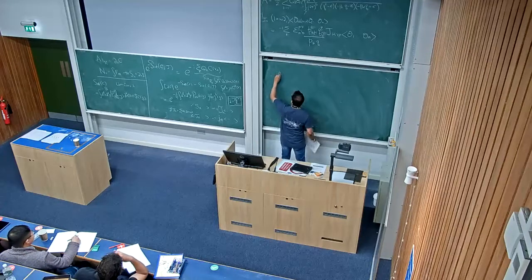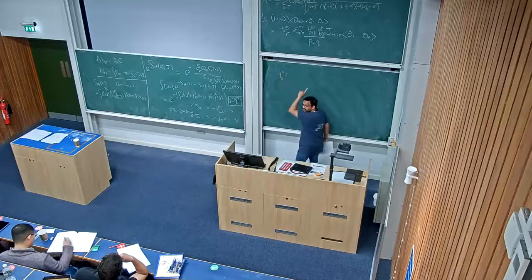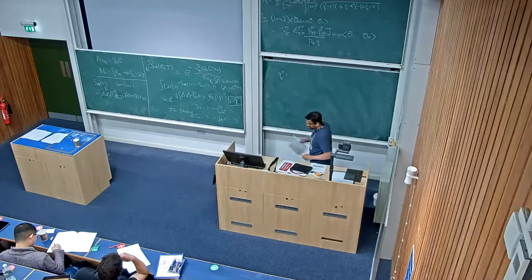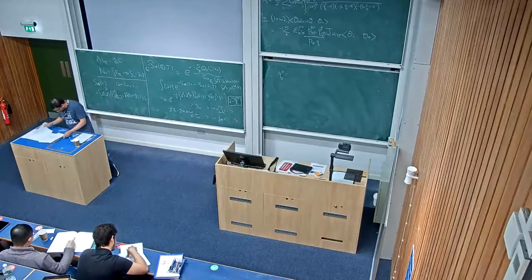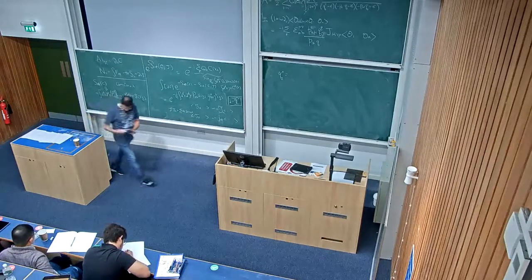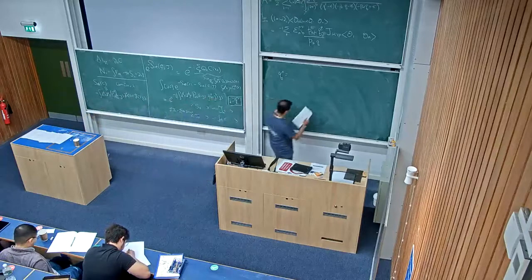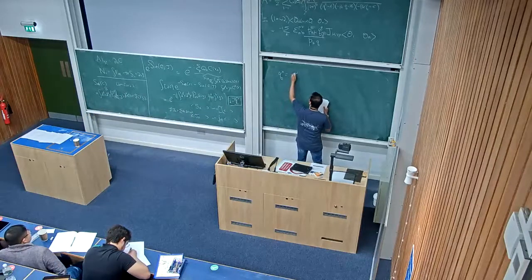So there's a q^mu in there, but that's an off-shell momentum. So off-shell, I need to now tell you how to parameterize off-shell momentum. Off-shell momenta have a very simple parameterization.